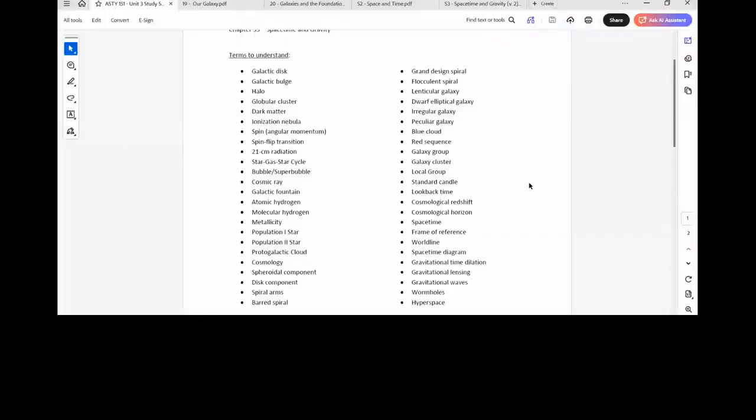Next up, we have galaxy group versus galaxy cluster. Group and cluster sound like they should be direct synonyms, but for this conversation, there's a distinction that's important for us to understand. The word group is used when we are referring to a relatively small number of galaxies that are collected together, but that group is dominated by spirals.